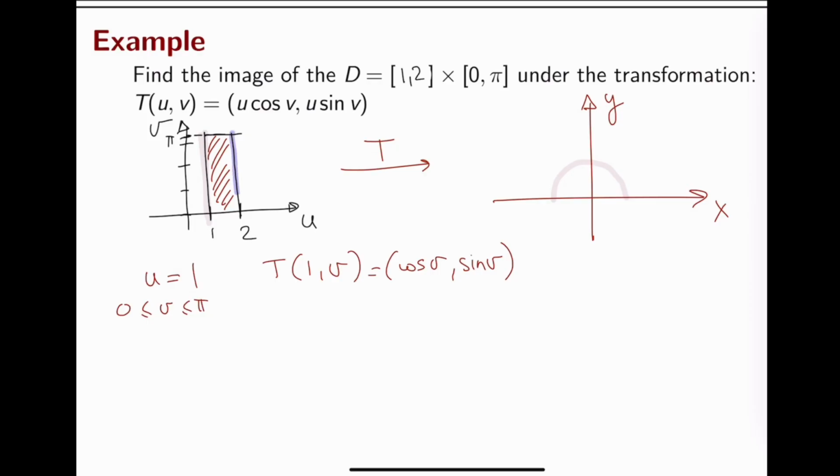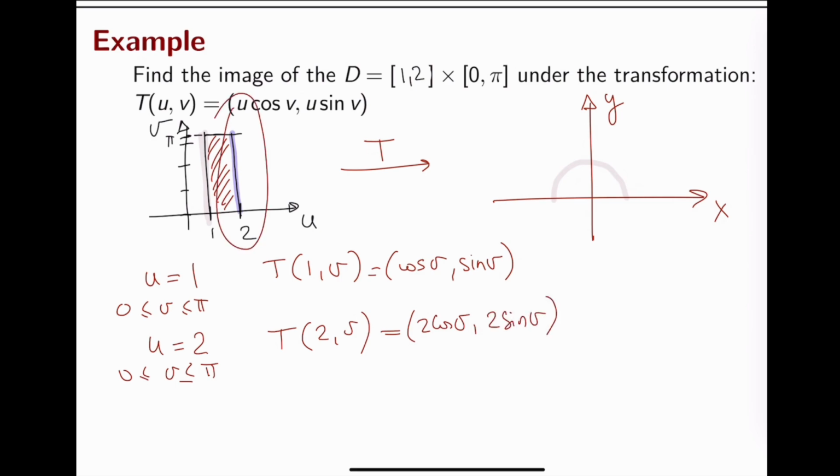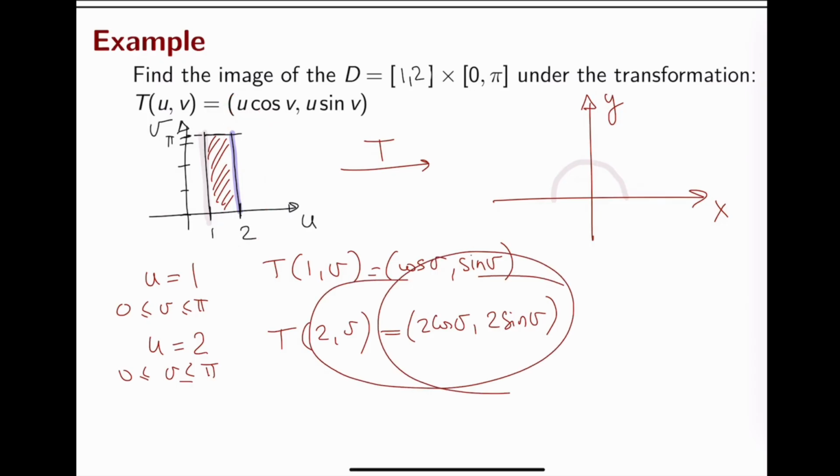Now let's consider this other side here. This side will also be a line determined by u equals 2, and v still is going to be between 0 and pi here. And so let's do the transformation. T of (2, v) will be equal to, substituting here, 2 times cosine of v, 2 times sine of v. So this line got transformed into something that is not a line anymore.